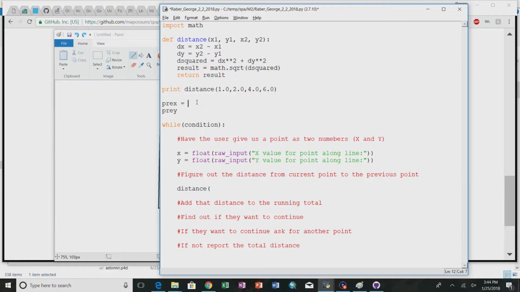We could set these equal to something that is obviously different than any other value that they could put in here. Got any candidates? So, x equals 8. And then sorry, what did you say?